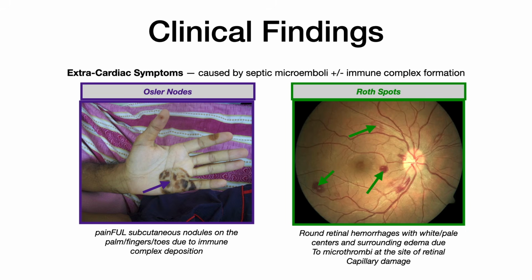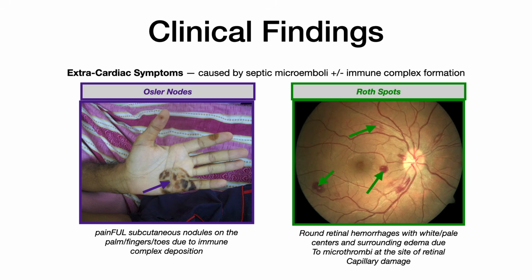But again, in keeping with our theme here, this pathophysiology is due to the microthrombi that get thrown out of the heart and end up at the retina. So if you see the image of what is obviously a fundoscopic exam on USMLE or COMLEX, you could pretty safely conclude that you're dealing with Roth spots.